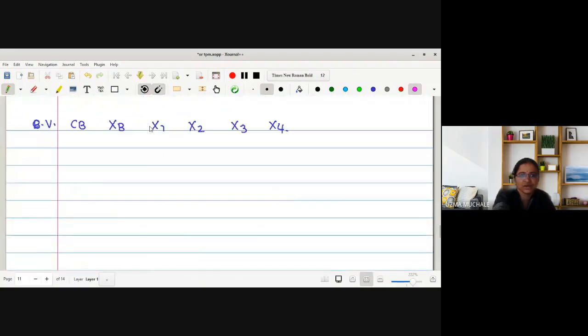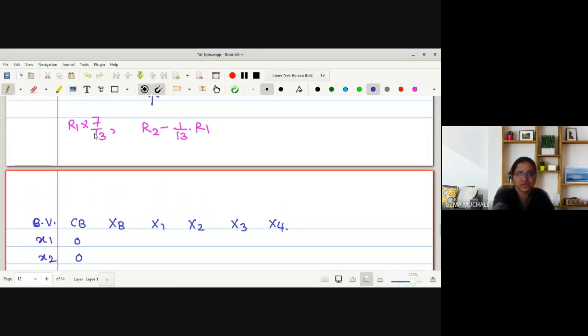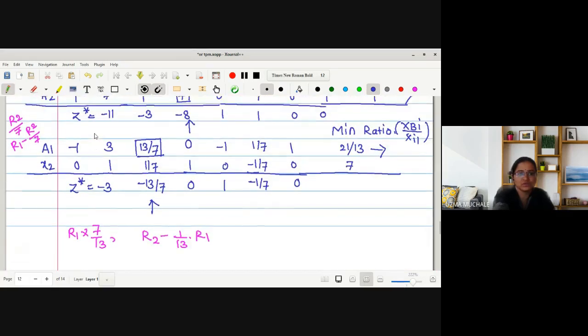Instead of A1 now we have X1, no? We have X1, X2 as the basic variables. No doubt the costs are 0, 0, right? Now you have to tell me the entries. If you are doing with me on your notebook, just please tell me the entries because it is difficult for me to do the row operations.